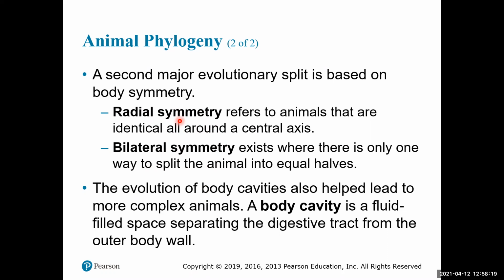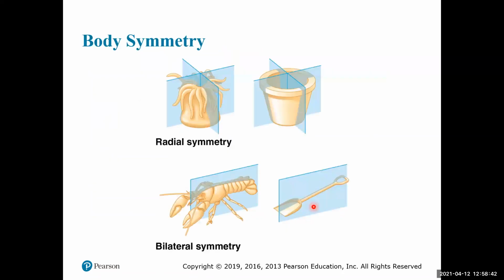Now, another thing that helps to distinguish organisms is the development of a body cavity. So a body cavity is what we just refer to as a fluid-filled space that separates the digestive tract from the outer body wall. Okay?